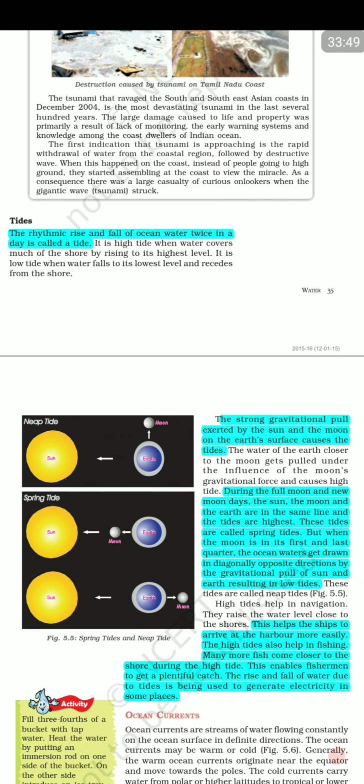And by the way, the moon takes around 27.3 days to revolve around the earth. So, in that way, because half of that revolution is covered in 15 days, every 15 days there is a spring tide, right?